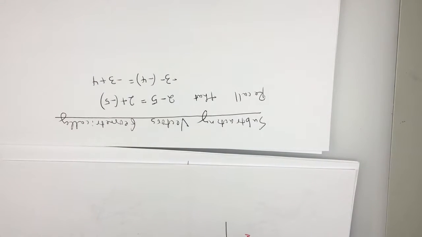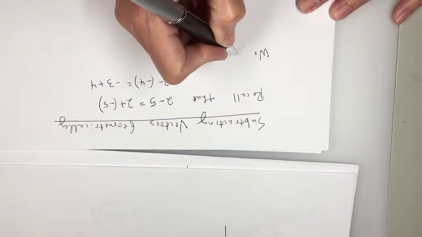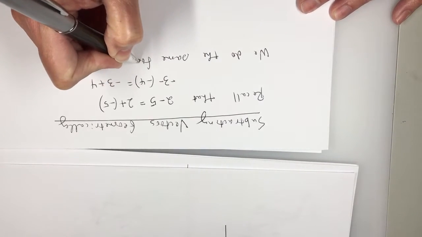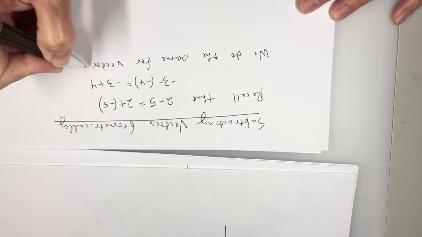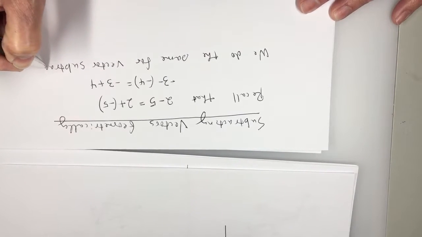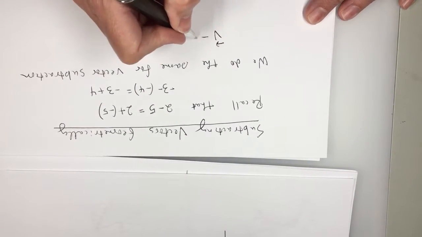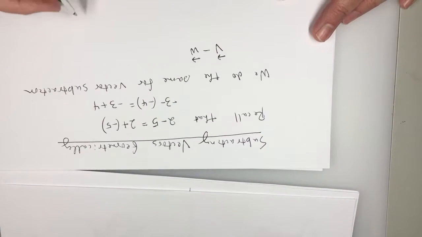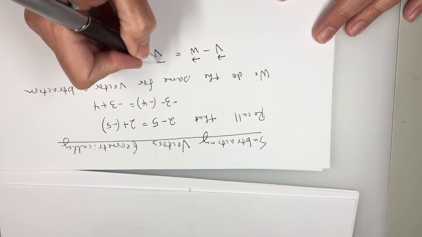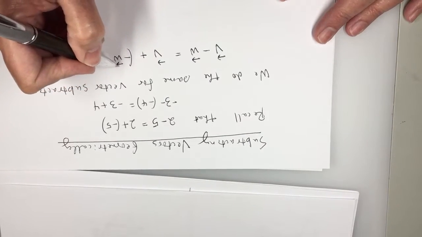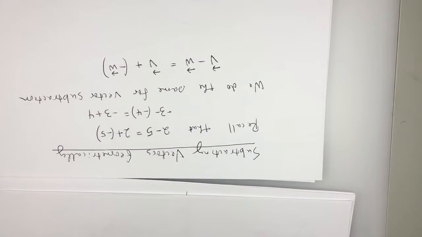We do the same thing for vector subtraction. So I'll write that. We do the same for vector subtraction. So I would say if I have V minus W, vector V minus vector W, I can write that as V plus negative vector W. So what is negative vector W?